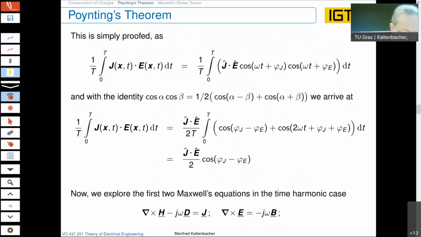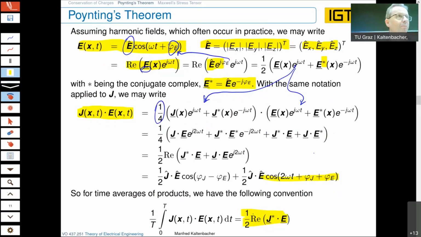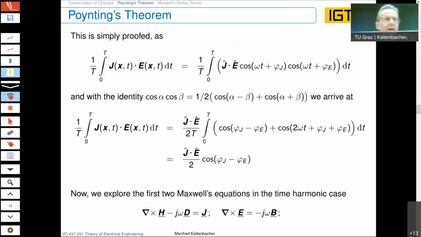We can do it fully in the time domain, without going to complex numbers or the frequency domain. In the time domain, we have a cosine for the current density and a cosine for the electric field E, with just different phases. You know the identity for cosine alpha times cosine beta, which we can write once with the difference of the arguments and once with the sum of the arguments.